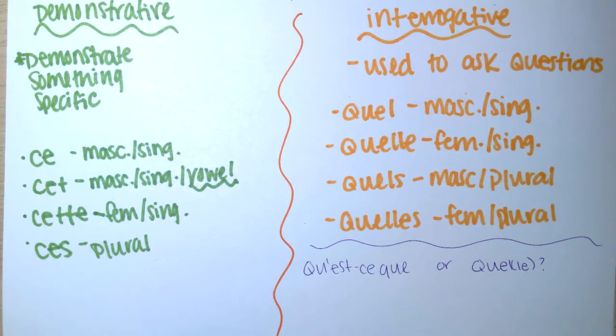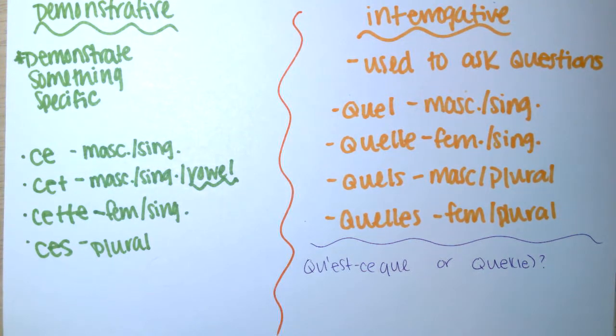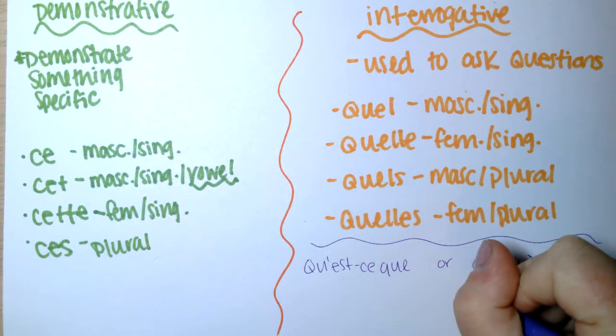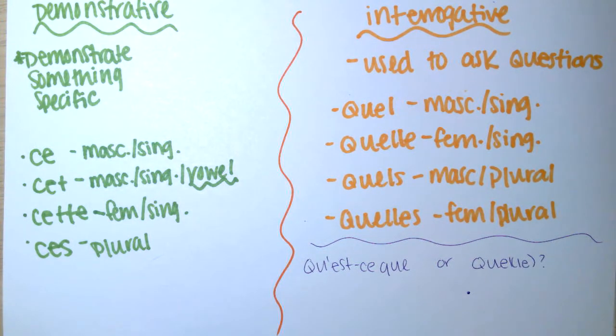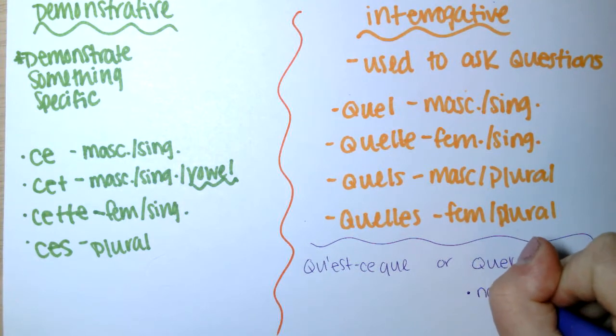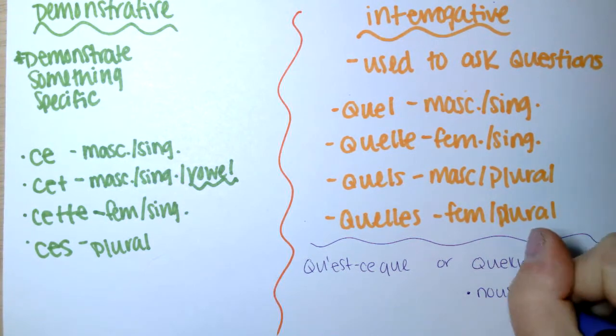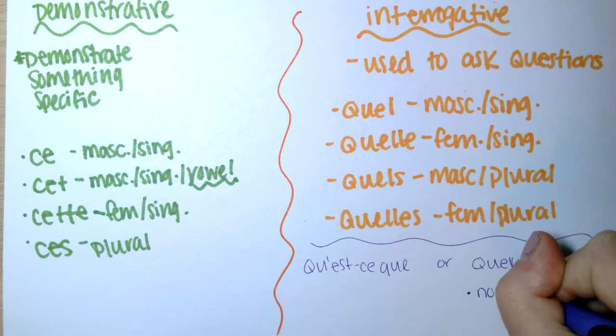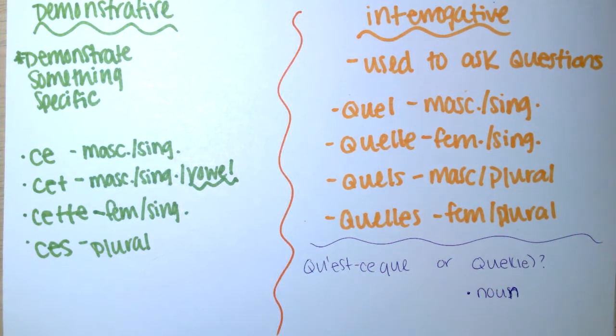So the first thing that we're going to need to know is that quel is going to be used when you're talking about a noun. So it's going to be quel and then a noun followed right after it, like quelle casquette or quelle chemise.